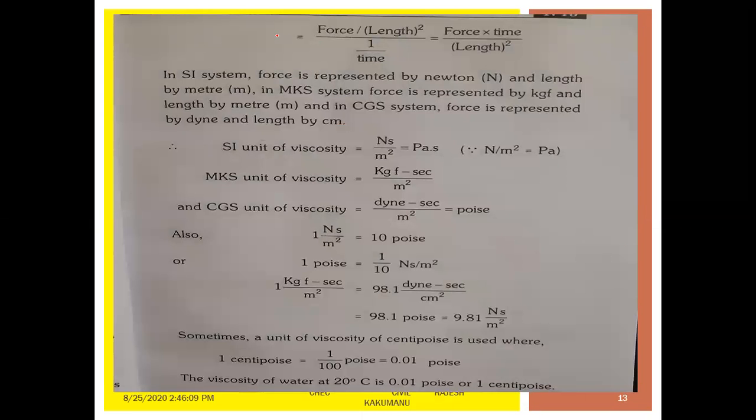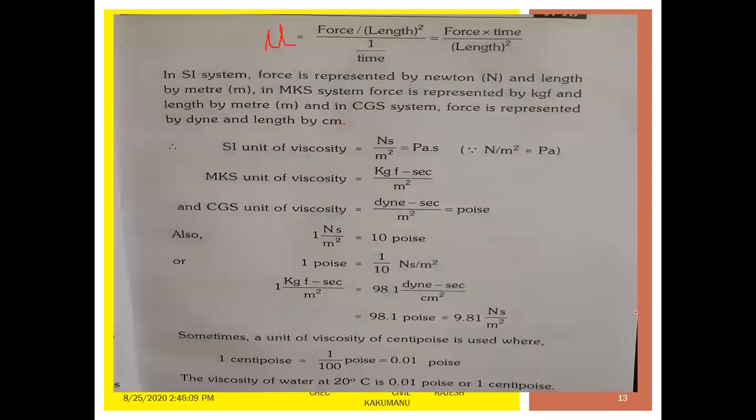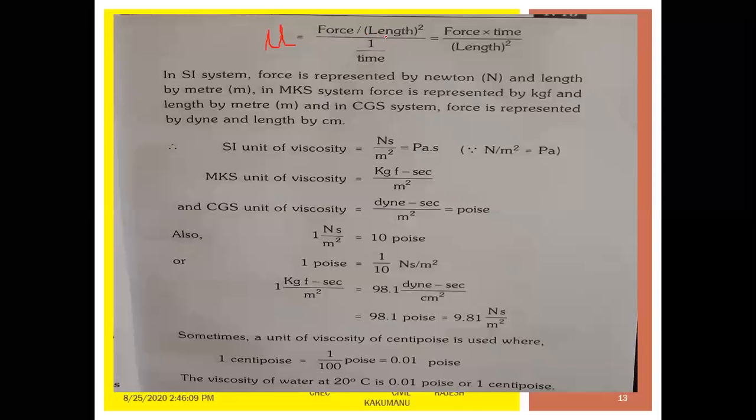Force, that is mu is equals to force into length పైకి వెళ్ళినప్పుడు ఏమో జరుగుతుంది? స్క్వేర్ అవుతుంది. So here it is making square. You are having two lengths, it is making square. Now length square by 1 by time, that is equals to force into time by length square.